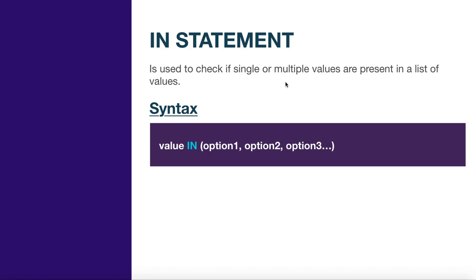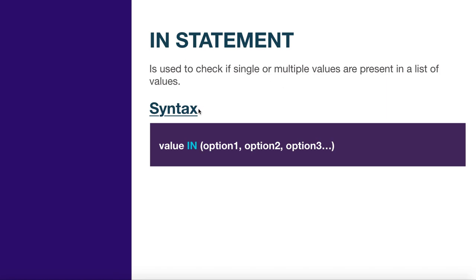Instead of typing those large conditions like if the name is equal to A, or if the name is equal to B, or if the name is equal to C, then check if that name is over there, instead of writing those extensive conditions, the IN statement in SQL is very easy to use for this particular use case.